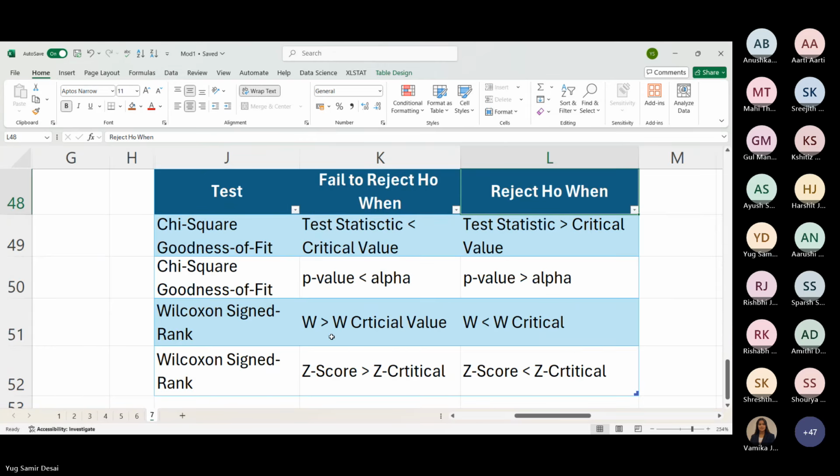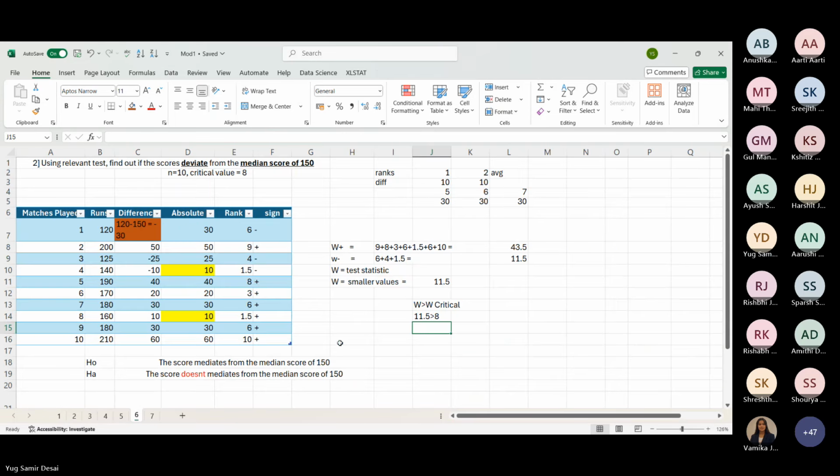Hence, we fail to reject the null hypothesis, which basically means we kind of accept that the score does not differ from the median score of 150.